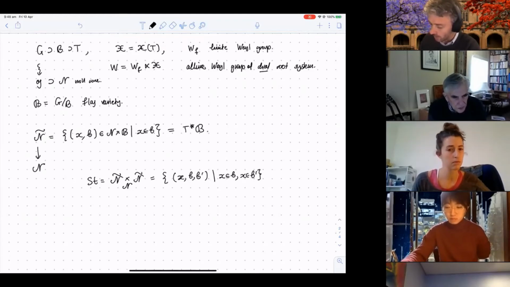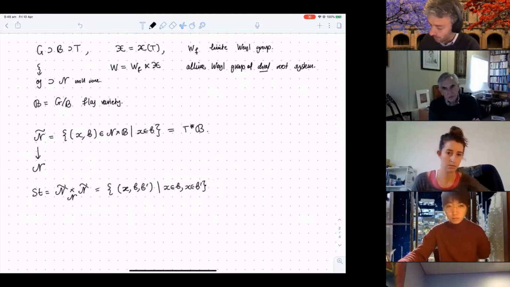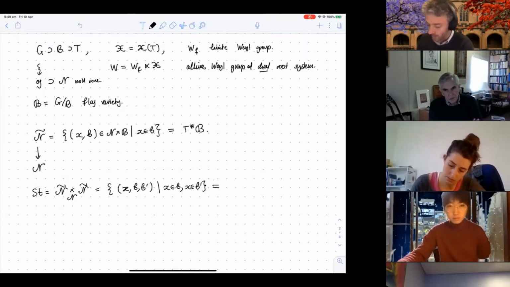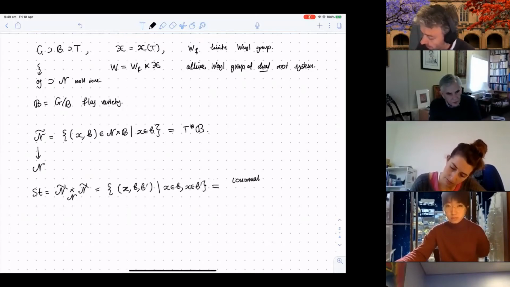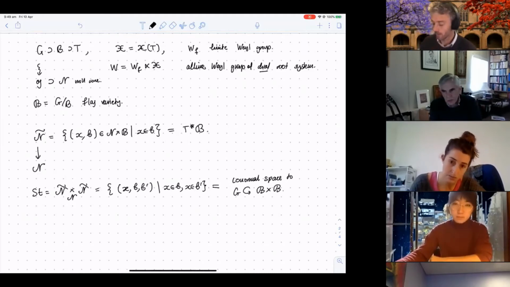And this is extremely important for visualizing this. So I'll go over this again in the example of SL2, but this is what I've called in previous lectures the conormal space to the G action on B times B. Okay. So we'll see this in the example of SL2 in a second.